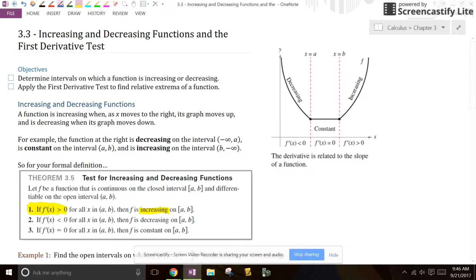If the derivative is less than zero, then it's decreasing. And if it's equal to zero, then it's constant. What's really important about those points where the derivative equals zero is that they're critical points. They're kind of where the graph has gone from a negative slope to a positive slope or something like that. So these critical points are kind of awesome.